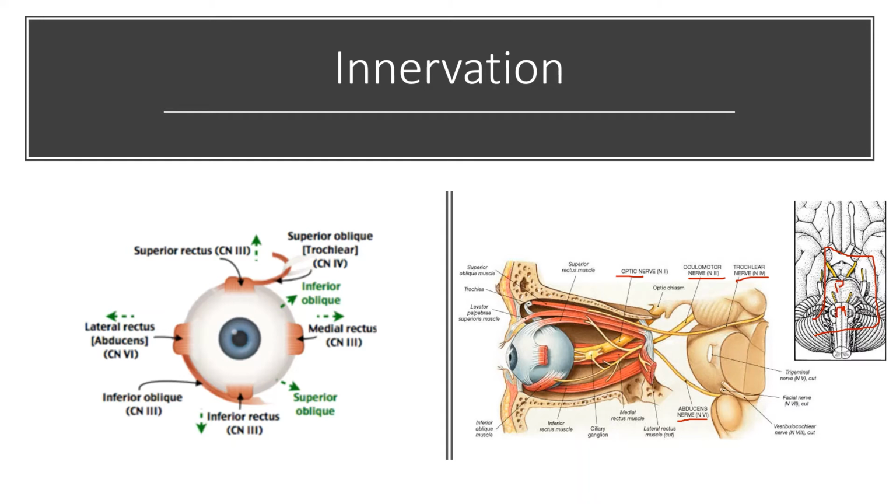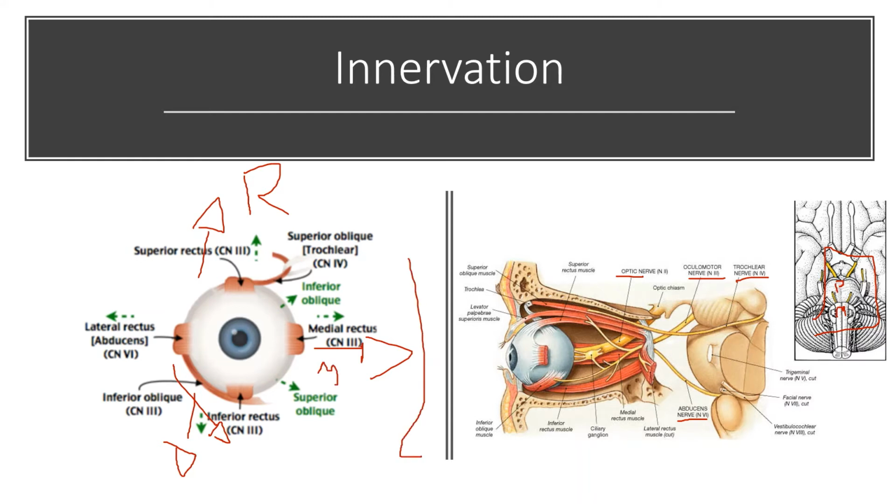Now, what does what? If we want to move the eye upwards or downwards, or inferior oblique, that is oculomotor. Same with medial. From an anatomical perspective, this is the right eye, because this is medial over here and the nose is here.